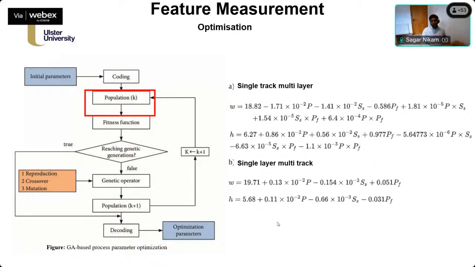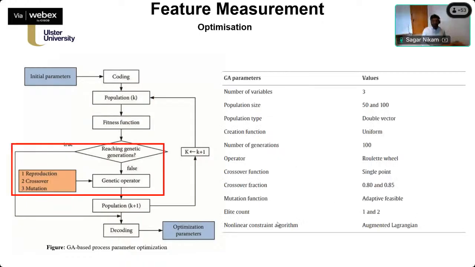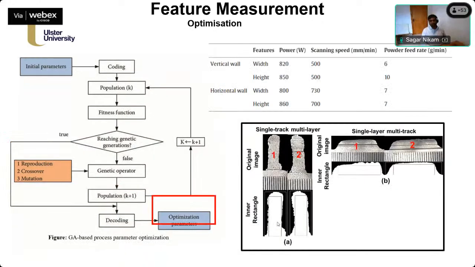We build the objective functions for single-track or multi-track depositions for predicting the width and height of the deposition. Based on that, we go for genetic algorithm based optimization for optimizing the process parameters and sending that information back to the machine for optimizing the process there.